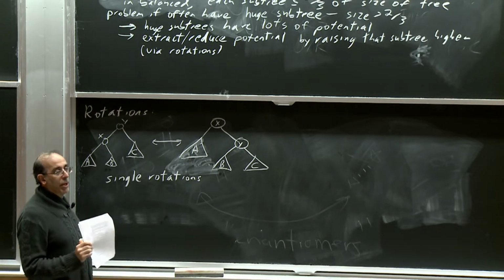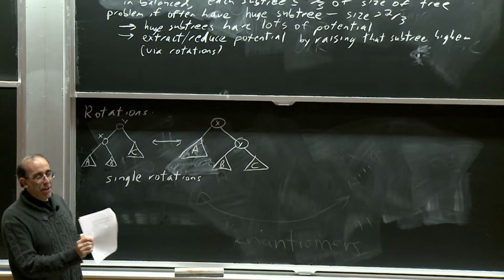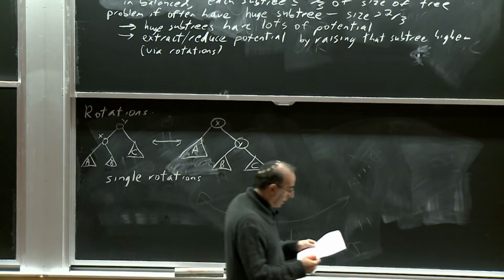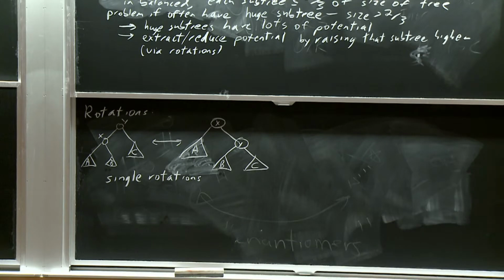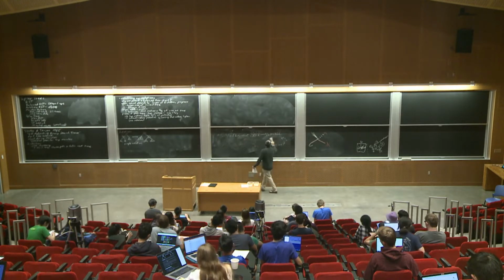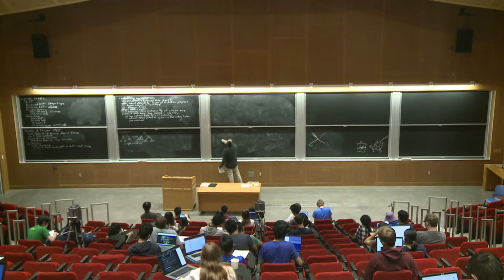As you're bringing one thing up, you end up pushing other things down in a way which may leave you in as bad shape as you were before. And so one of the key insights of Sleator and Tarjan was to come up with a rotation mechanism that would actually work to release potential from your tree. And these are called double rotations.